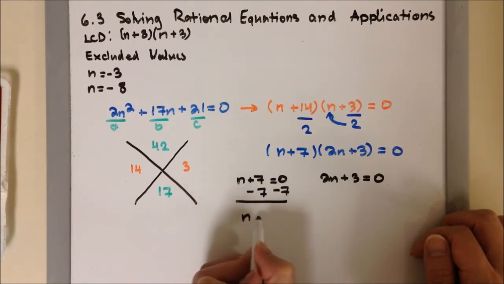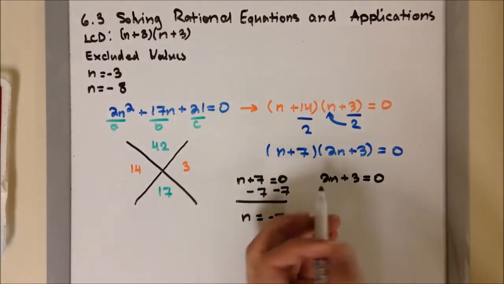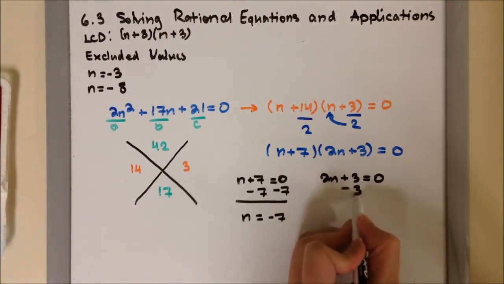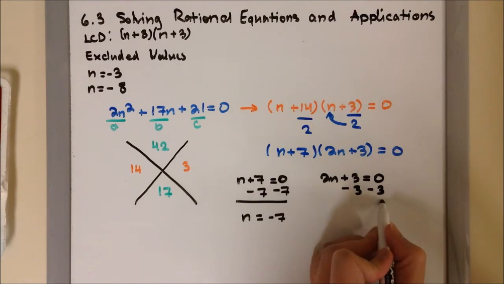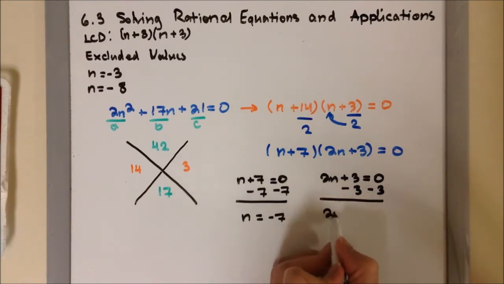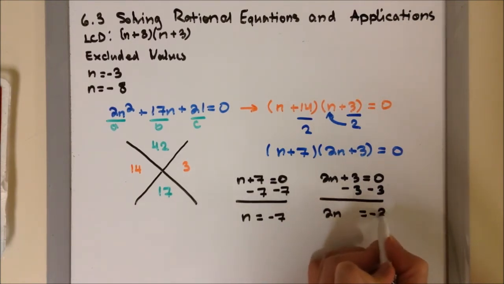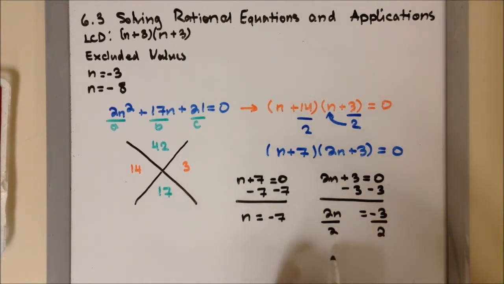So my first answer is n equals negative 7. And then the second one, subtract 3 on both sides. 2n equals negative 3, divided by 2. So my second answer will be n equal to negative 3 over 2.